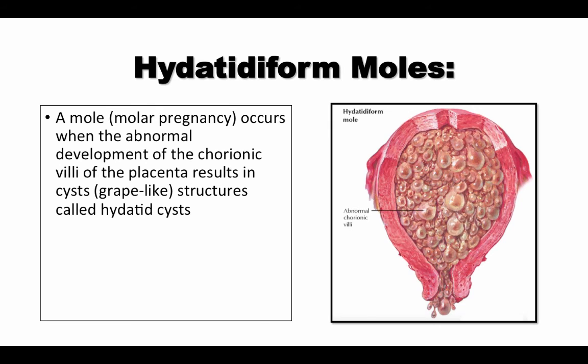Well, instead of having normal chorionic villi, you have these huge cyst-like or grape-like structures called hydatid cysts.